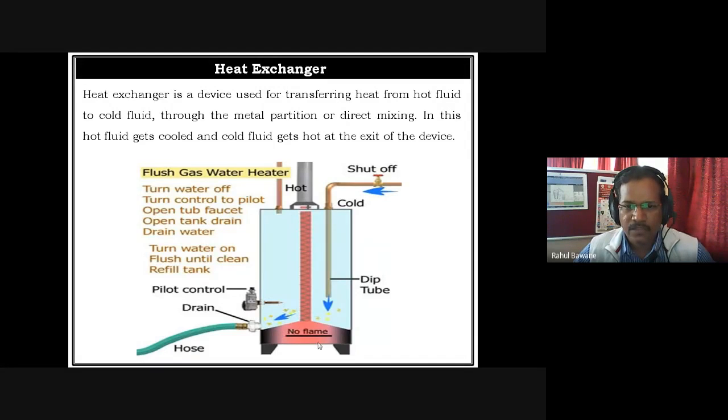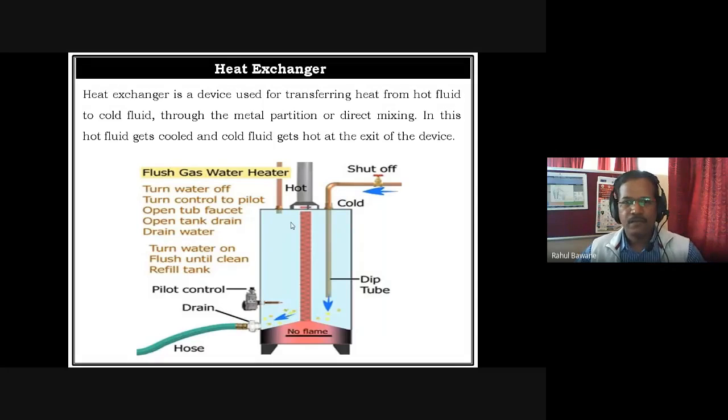Now there are two fluids, one in liquid form, that is water, and the second in gaseous form, that is flames and smoke. So these hot flue gases heat up this tube surface, and from this tube surface heat travels into the cooling water, and after some time we find that the water gets warm.